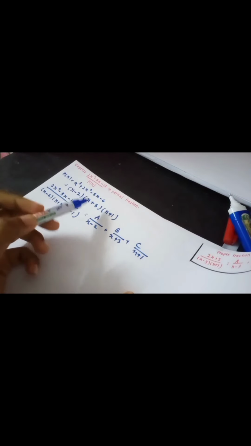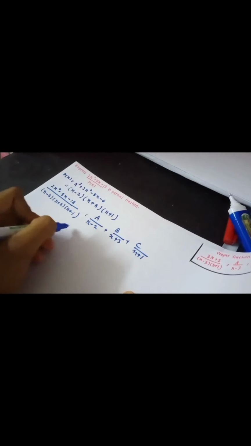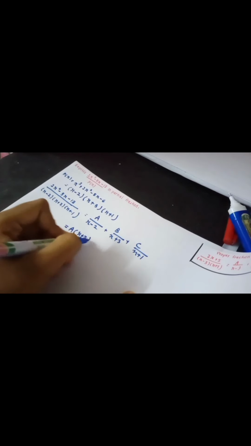Then we need to equalize the denominator for all these three fractions. To do that, each fraction needs to be multiplied by the other two denominators, and the same goes for B and C. So it will be A(x + 3)(x + 1) plus B(x - 2)(x + 1) plus C(x - 2)(x + 3), all divided by (x - 2)(x + 3)(x + 1).